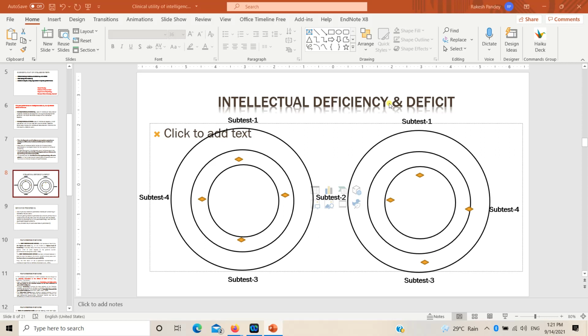If he is showing poor performance compared to the IQ level before illness, before psychopathology, then we can directly infer deficit. But you will learn that this is really very difficult, and therefore the other way to differentiate is to see whether the performance is scattered or showing a global decline. This is another way of inferring whether the case is likely to be one of intellectual deficiency or intellectual deficit.